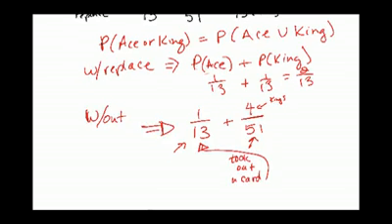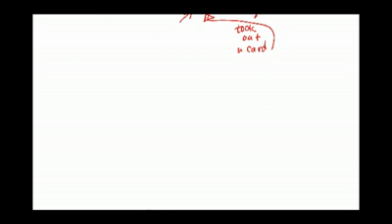Alright. So, if there is an intersection, what happens? Well, if there is an intersection of the two events, if they're not mutually exclusive, when we're calculating this, this is my last video, I think, getting tired.